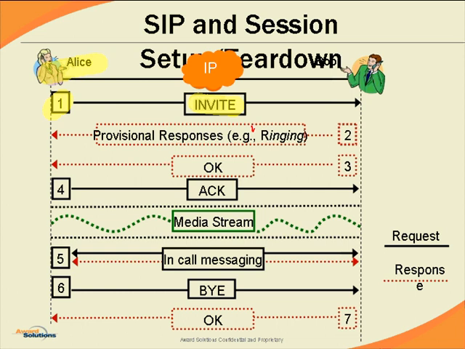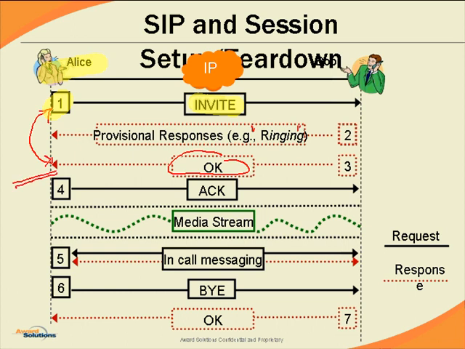Here we have simplified. So it's ringing: we are ringing the device or displaying a message on Bob's UE that there is some incoming call. And then once the call is answered, the response is OK. That is the response to the invite message.